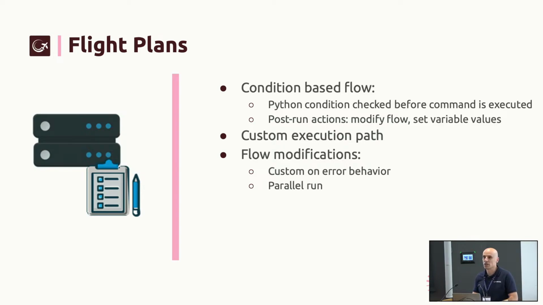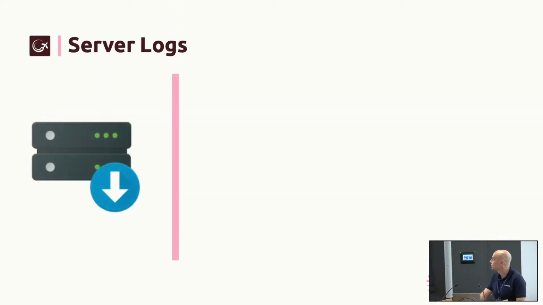And you can say, if I want this flight plan to be allowed to run in parallel. So for example, if you are erasing your hard drive, probably you don't want this to happen in parallel. But if you are checking your, I don't know, your data or doing some log check, then you can run it in parallel. So you can define if it's allowed or not. And flight plan logs. Now, server logs.